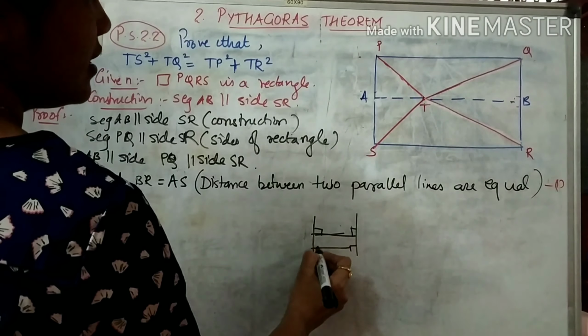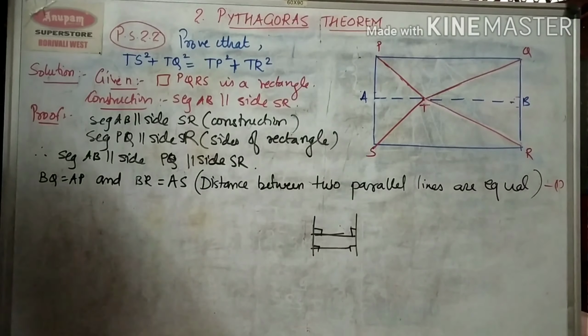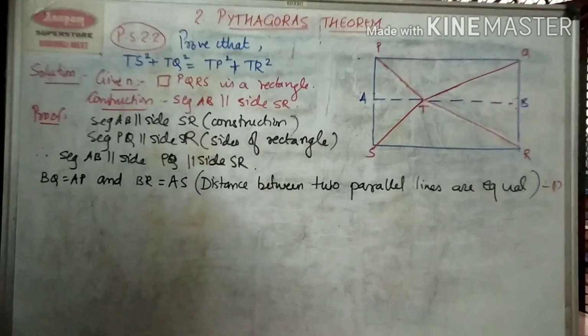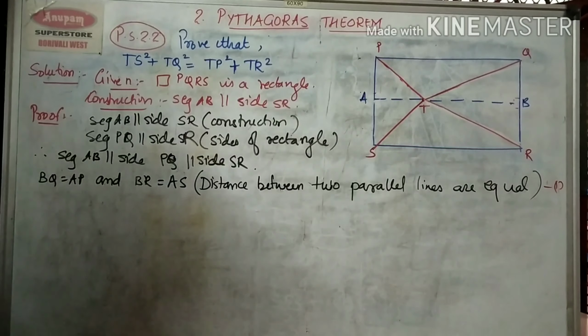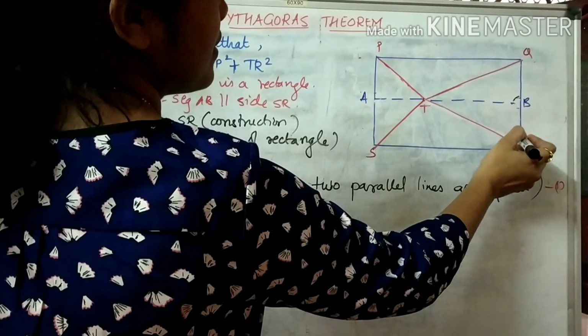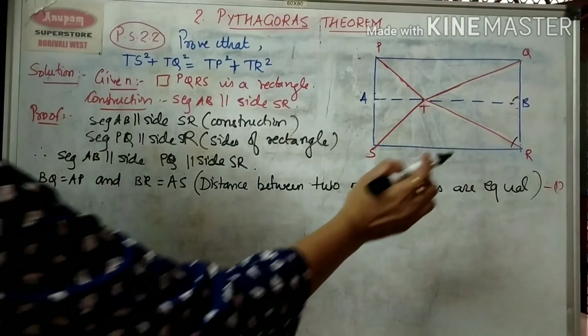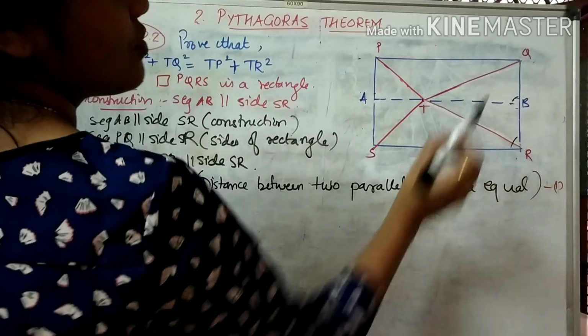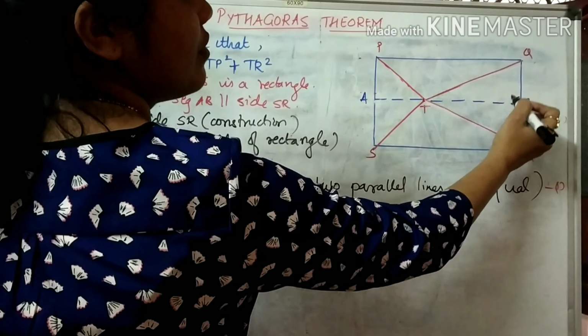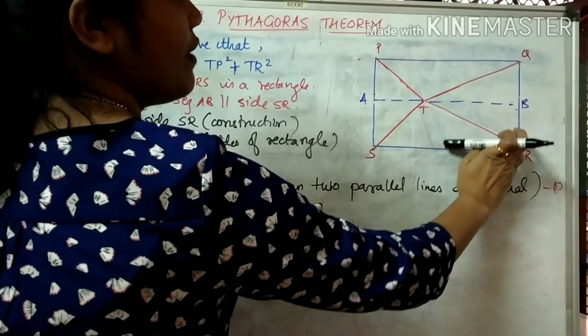Also I can say that these two angles are equal. Okay, why can I say that, children? Because they are the corresponding angles. So I will say that this angle is equal to this angle, these two angles. But then since this angle is 90 degrees, this also is going to be 90 degrees, and automatically we are going to show that this is perpendicular. Okay, but before that, how are we going to show that?